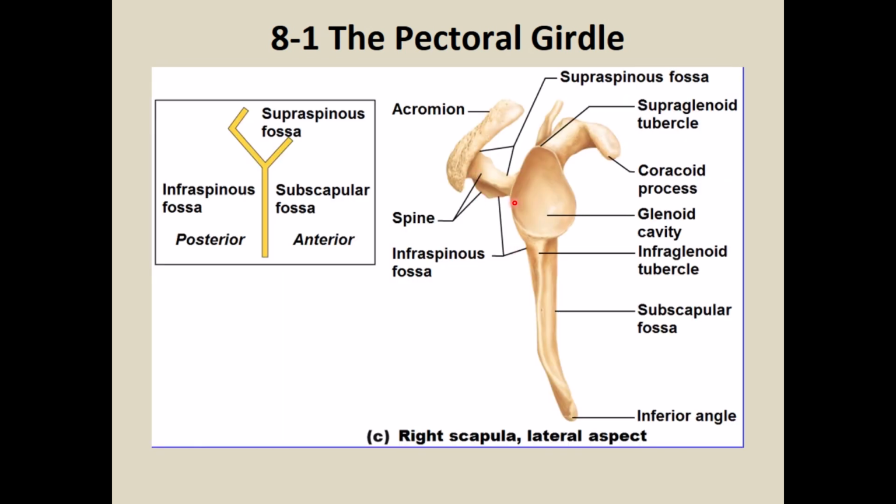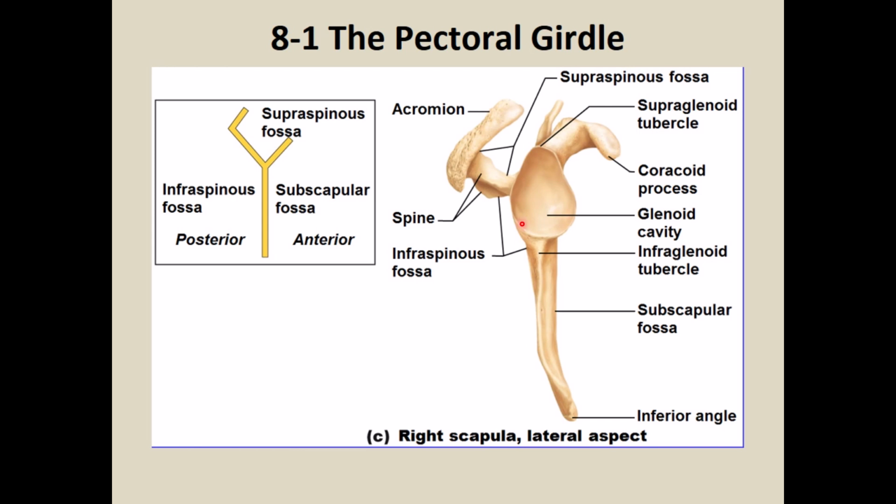This is the lateral view. The most important structure is this one. This is the glenoid cavity. Once again, the head of the humerus articulates here. There's some bony prominence here, the supraglenoid tubercle and the infraglenoid tubercle. This is the anterior surface, which is the subscapular fossa, and this is the posterior surface.